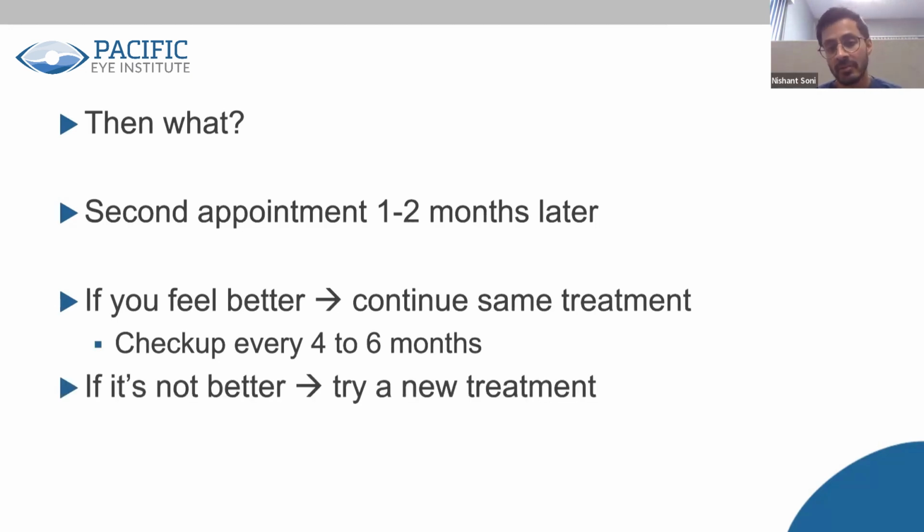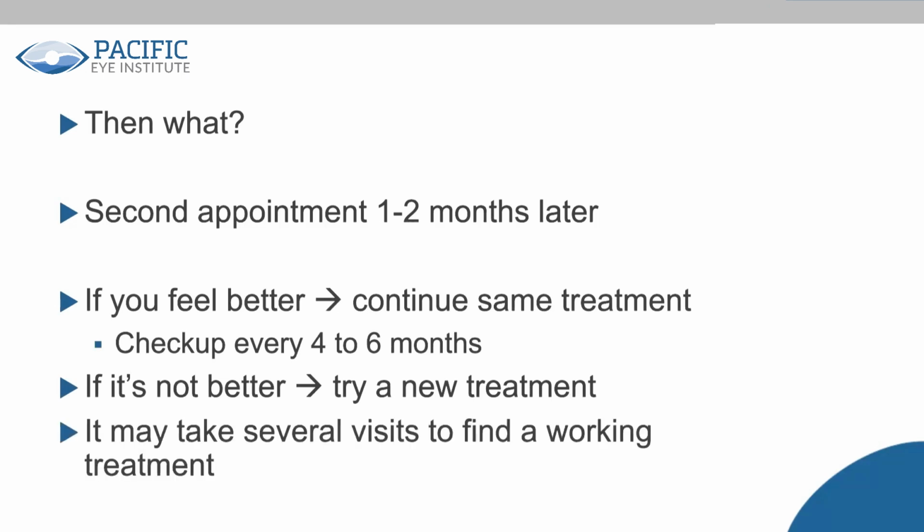If it's not better, then we try a new treatment, and there are a lot of different options for it. The important thing to know is it might take a lot of visits to find what is actually the working treatment for you. So it does take a little patience.